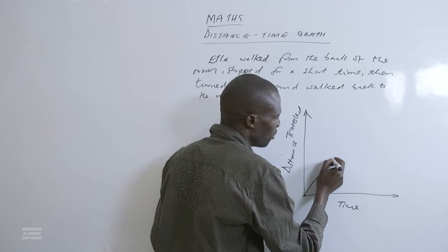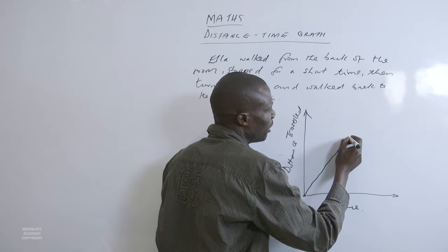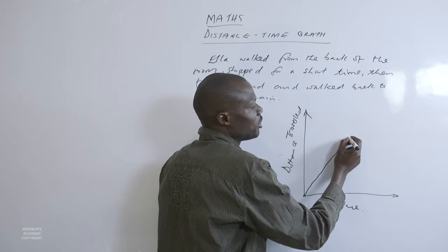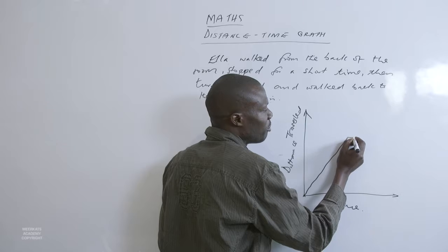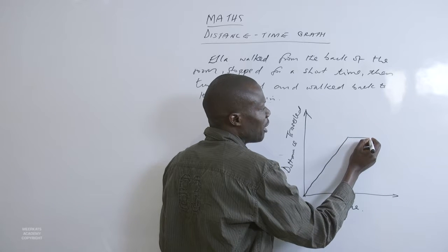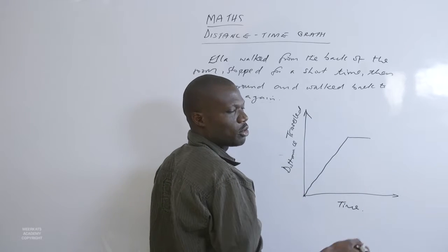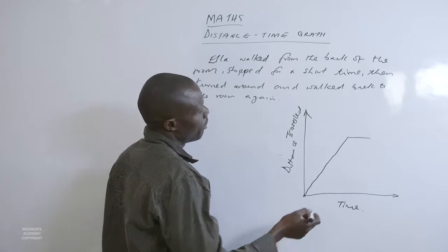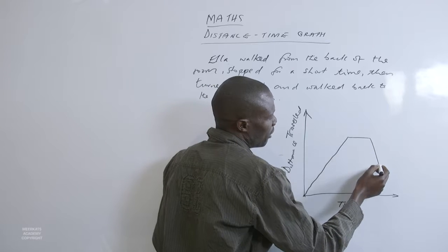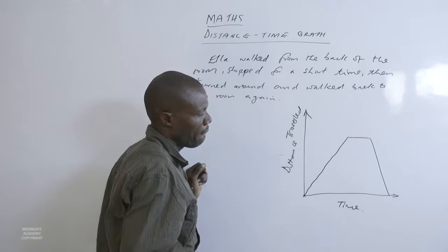It moves on and on and on, and then reaching here, she stopped for some time. So there's no movement taking place. There is stopping. And then when Ella reaches there, she decides to go back to the room, so the graph will drop.